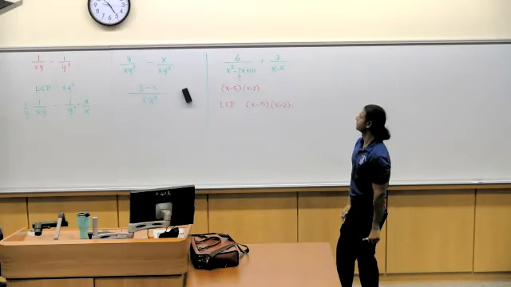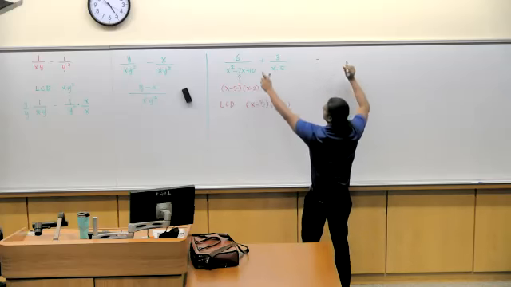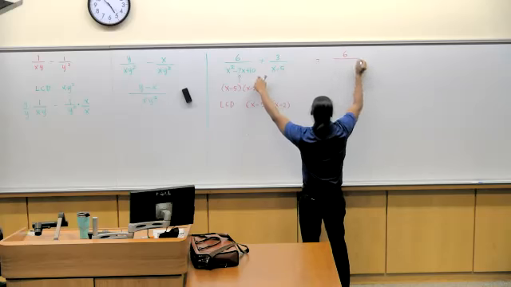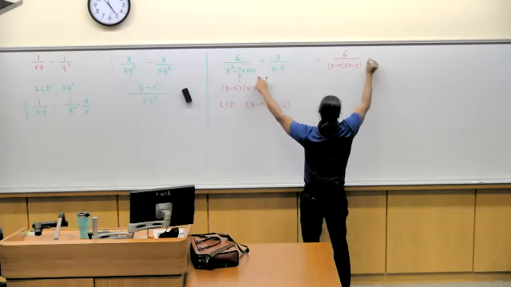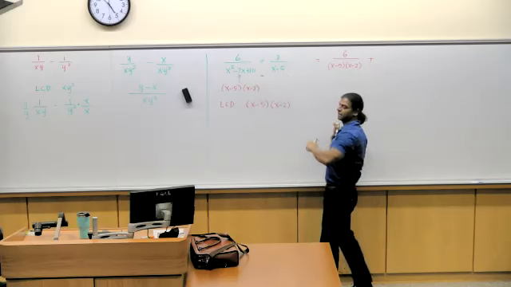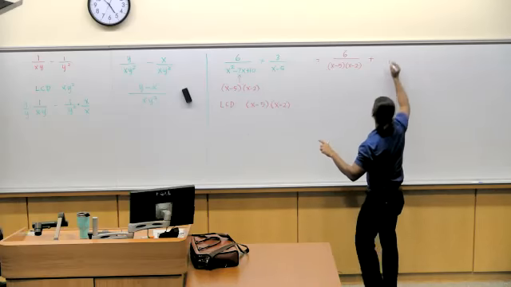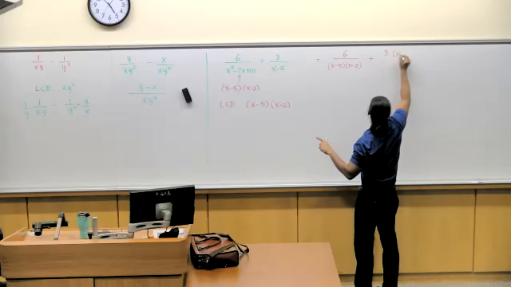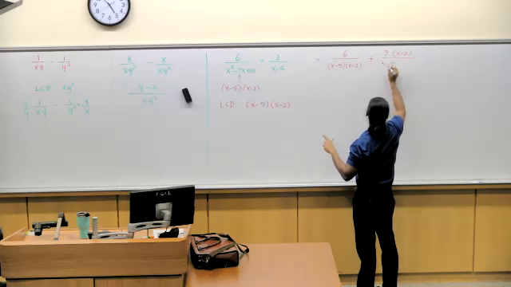So the first term, 6 over x minus 5 times x minus 2. The second term, I need an x minus 2 in the denominator, so I multiply and divide by x minus 2.